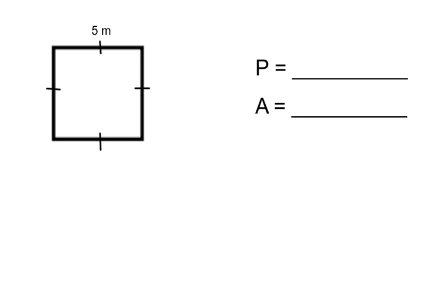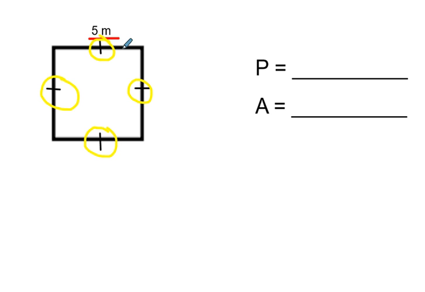All right, one last thing. Sometimes you may get a shape like this where only one side is labeled. You can see on this one, all we know is that one side is 5 meters. But do you see these little lines here? Those are like equal signs. They mean that each side is the same length.